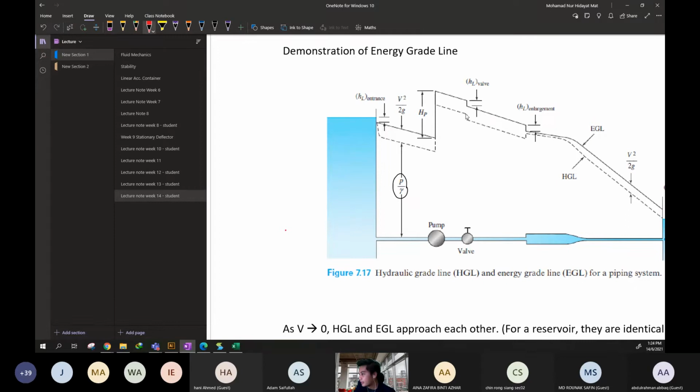And then you can see we have the valve. So what's the function of the valve? To increase the pressure. Increase the pressure and the velocity. Decrease the pressure and increase the speed.